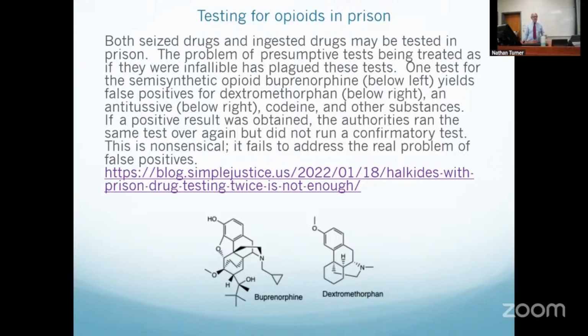And if that's also positive, then the person who donated the sample will face sanctions of whatever kind. And in prison, that might mean loss of privileges, or might even be put in solitary confinement or what have you.